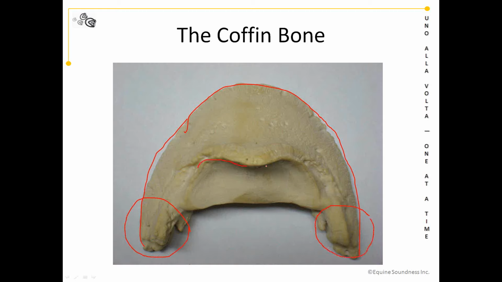This here is the extensor process. This is where the extensor tendon attaches. It attaches actually in this whole area. And this is the area where the short pastern bone attaches to the coffin bone.